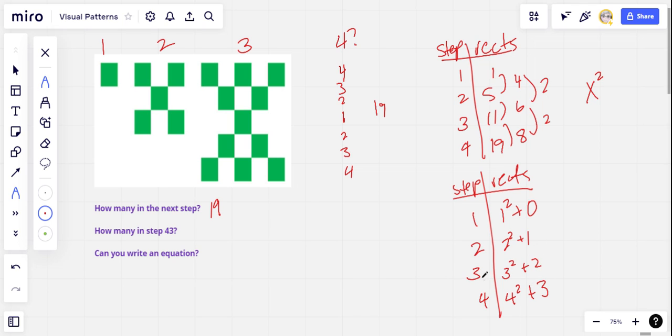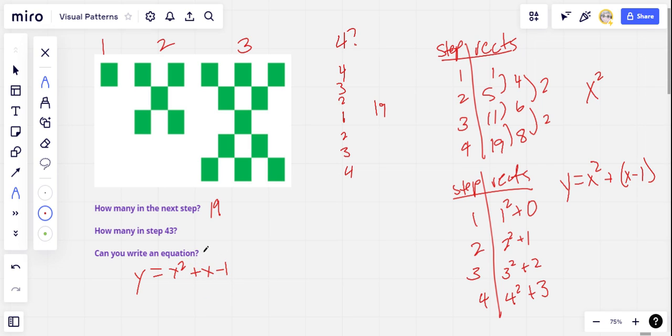So it looks to me what I'm doing is I'm squaring the step number, and then I'm adding 1 less than the step number, right? So in step 2, you add 1. In step 3, you add 2. So if I'm going to write that out as an equation, I could say there's the x squared part, and then we add the step number minus 1. Now we don't really need these parentheses here, but I just wanted to do that to make the two parts of this clear. We can rewrite our equation down here as y equals x squared plus x minus 1.